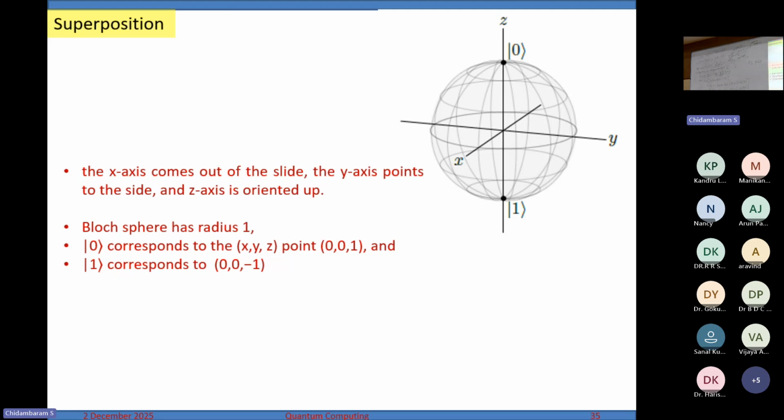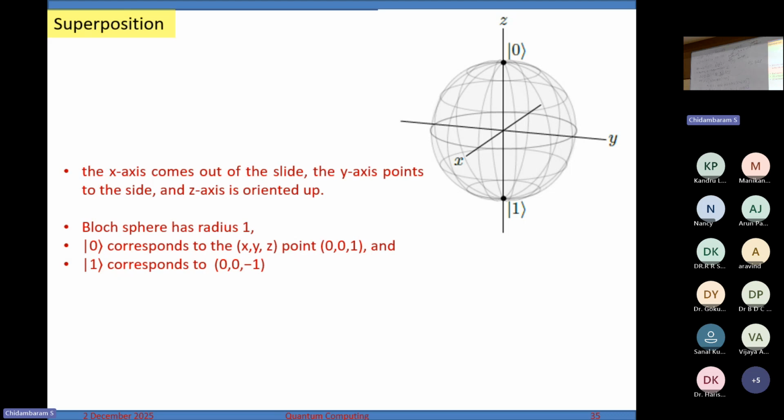What is phase shift? You are shifting with a phase angle. The shift is the phase. Because of that you are able to get another basis or another axis called Y axis. So X axis is a superposition, Y axis is also a superposition state.